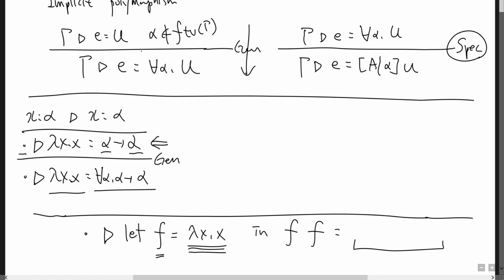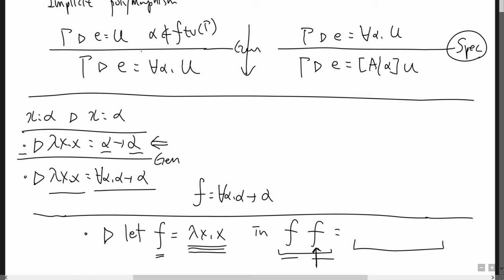Now it's time to test the type of this application, f applied to f itself, under the typing context where f has type for all alpha, alpha arrow alpha. So first, let's consider the argument, because we have to first decide the type of the argument.